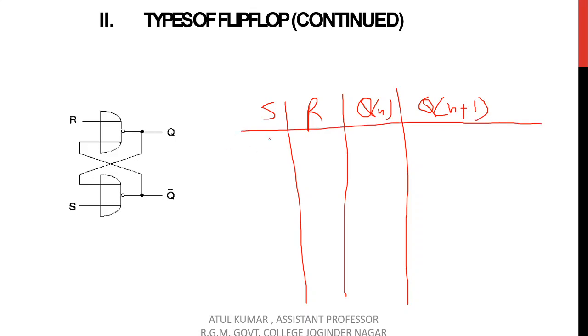Suppose we have S equal to 0 and R equal to 1, and the previous state output here is 0. The next combination is S and R both 0 and previous state 1.